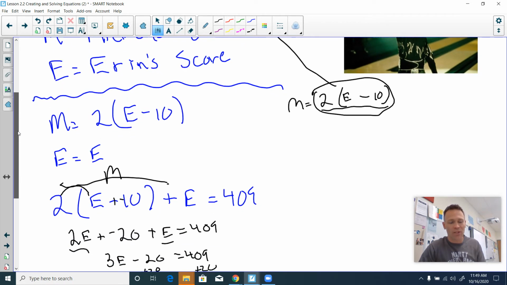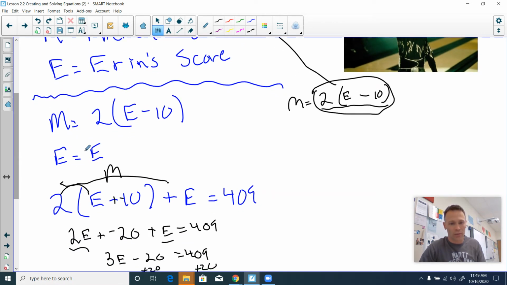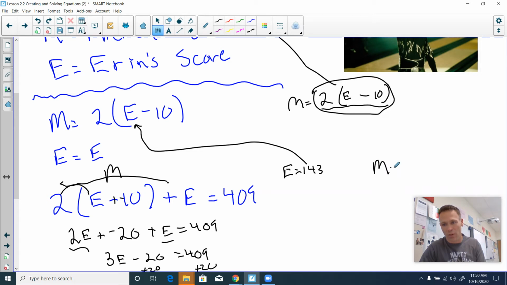So now what I have to do, now that I know Aaron's score, I know Aaron's score is equal to 143. So E equals 143. Now I have to substitute that back in here, right? Michelle's score is going to be equal to 2 times that 143 minus 10.